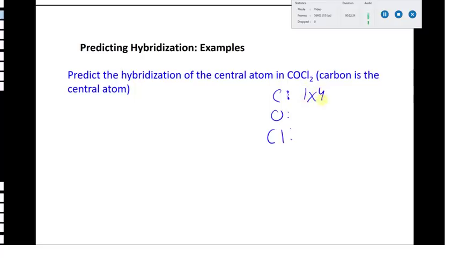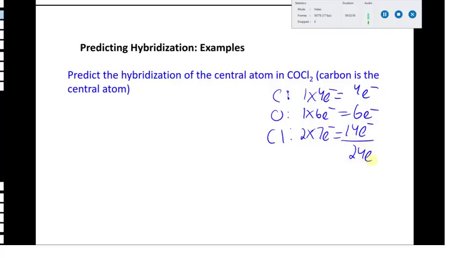Carbon is group 4, so that contributes 4 valence electrons. Oxygen is group 6, that contributes 6. We have 1 oxygen, only one. Whoops. Got ahead of myself. And then 2 chlorines, which each contribute 7 valence electrons. So this molecule should have 24 valence electrons.